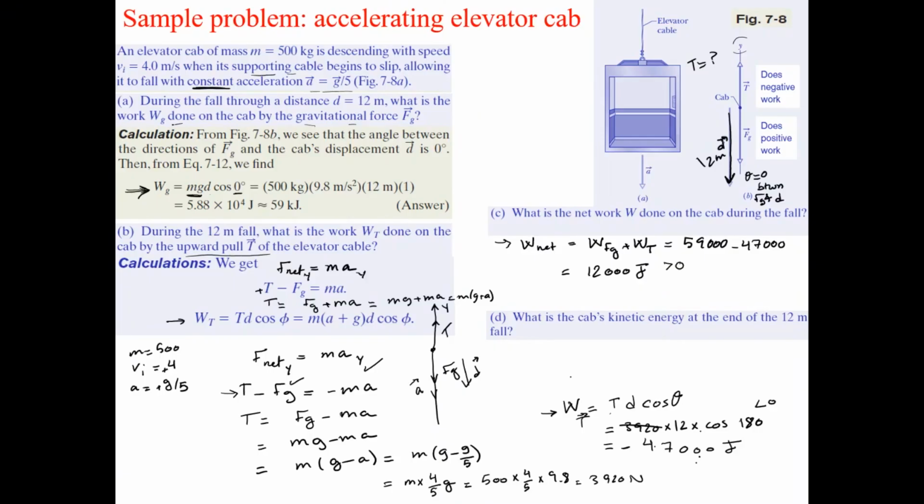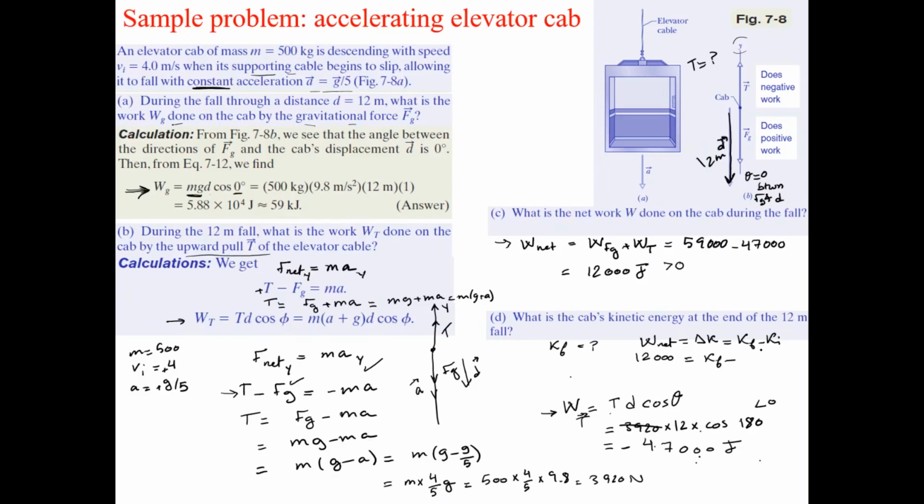Lastly, in part D, we want the cab's kinetic energy at the end of the 12-meter fall. So we want K final. That's what we want. I'll just use W net equals delta K, which is K final minus K initial. W net is 12,000. K final is what we want. Pay attention, K initial is not zero.